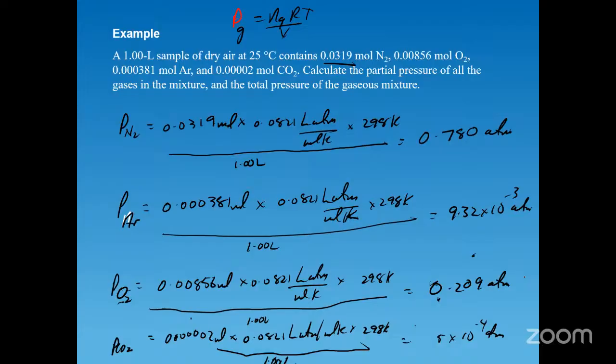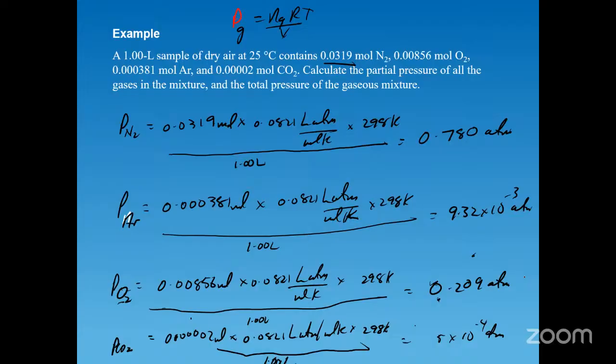So that's 0.78 plus 9.32 times 10 to the minus 3 plus 0.209 plus 5 times 10 to the minus 4. So, 0.780 plus 9.32 times 10 to the minus 3 plus 0.209 plus 5 times 10 to the minus 4.